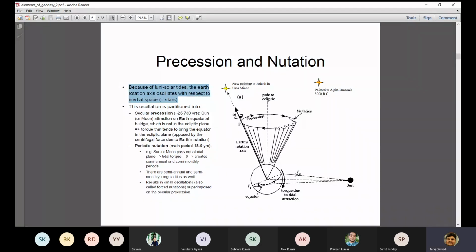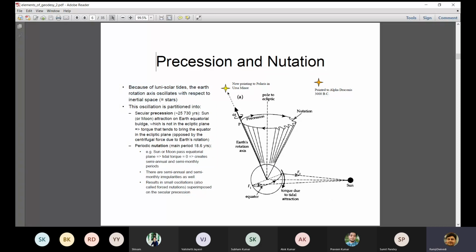This is the NEP, the ecliptic. See, the ecliptic plane has no value in our coordinate system. We are mainly interested in two coordinate systems. One is ECI, which is Earth-centered inertial, the system where you are looking at your Earth rotation axis and your Earth. And the other is, I mean, this system.